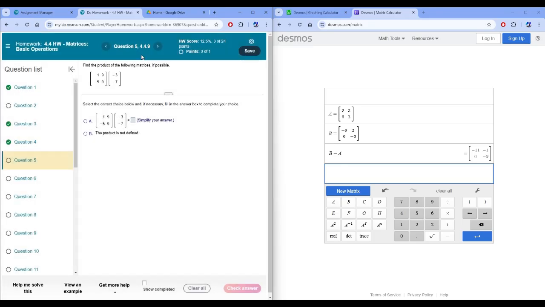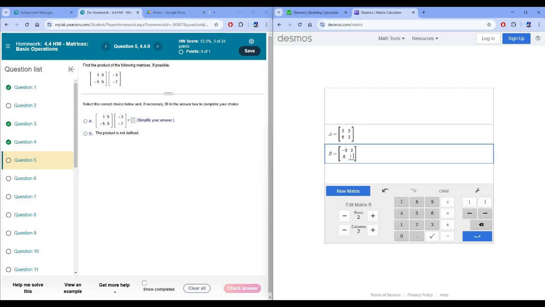All right, that's multiplying a row. Here we need to multiply. Product's not defined. This is a 2 by 2 by a 2 by 1. We can multiply this. So let's get rid of B. So this will be 1, 9, negative 5, 9.